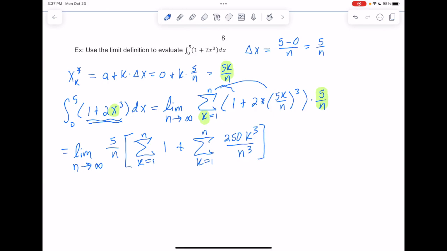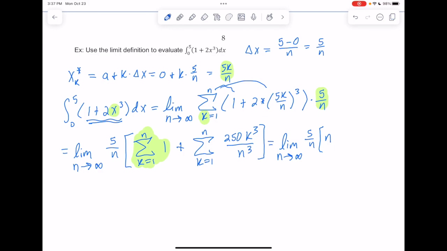So now what we want to do is start trying to apply some of our formulas. So we have the limit as n goes to infinity. We have the 5 over n. And now we have a piece we can apply the formula to. We have the sum of a constant, which is just that constant times n, so that would be 1 times n, or just n.